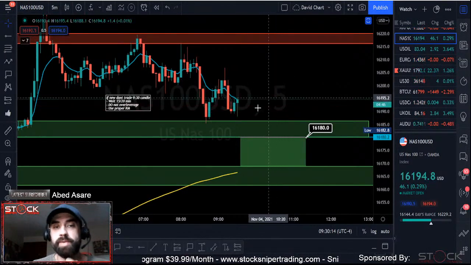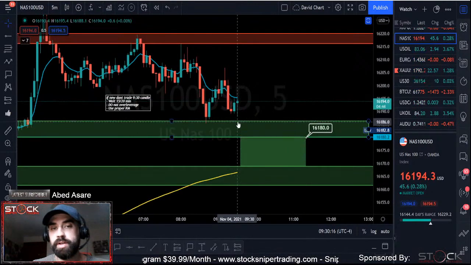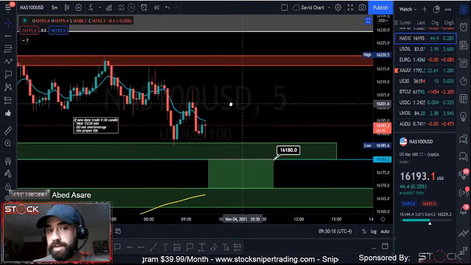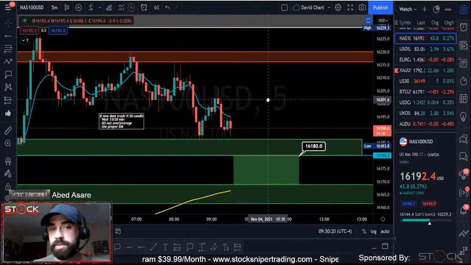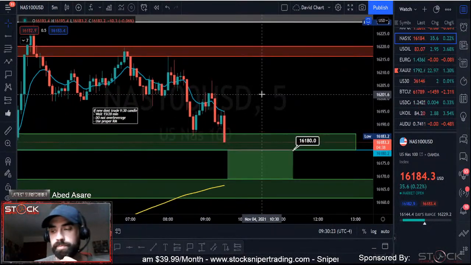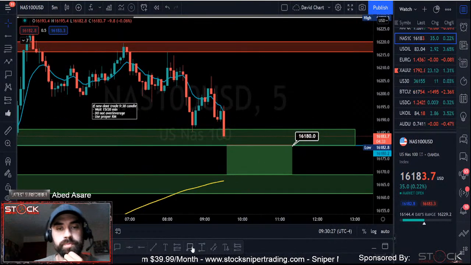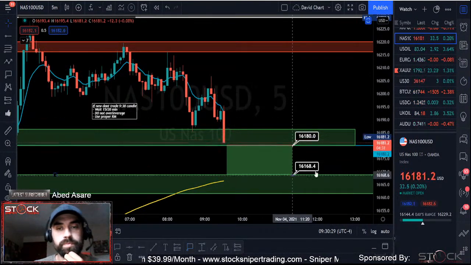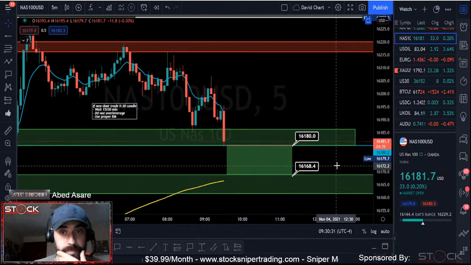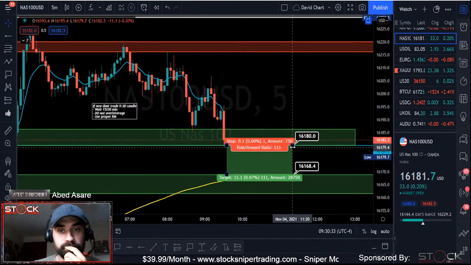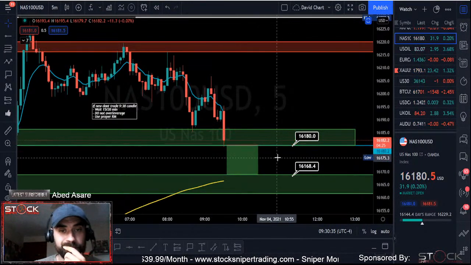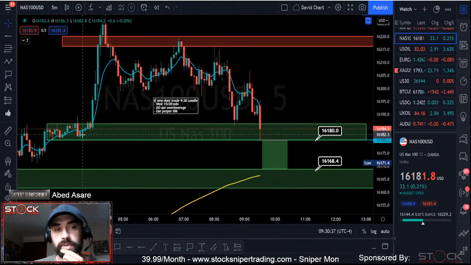Okay, US30 is bouncing out of demand here. All right, this is Nasdaq. Nasdaq on the 5 minute. You can see NAS 100. See, key areas for the buyers.